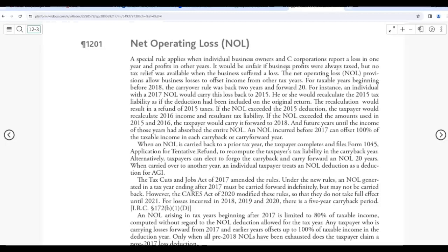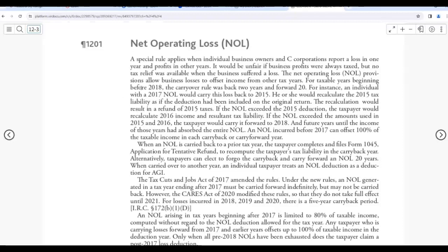It would be unfair if business profits were always taxed, but no tax relief was available when the business is suffering a loss. The net operating loss provisions permit business losses to offset income from other tax years. So that's why they carry forward.